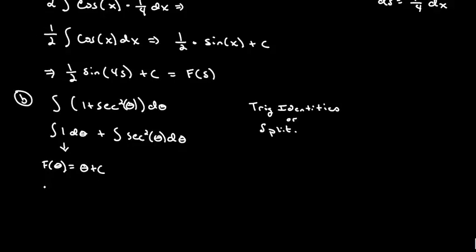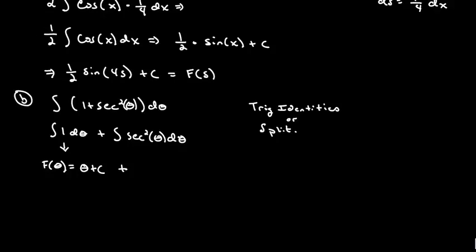If you differentiate this with respect to theta, think about this as like an x. The derivative of x is just 1. So the derivative of theta is just 1 plus 0, so it's just 1. So this guy right here is our antiderivative for this. Okay, so we've got that. So f of theta, which is this.